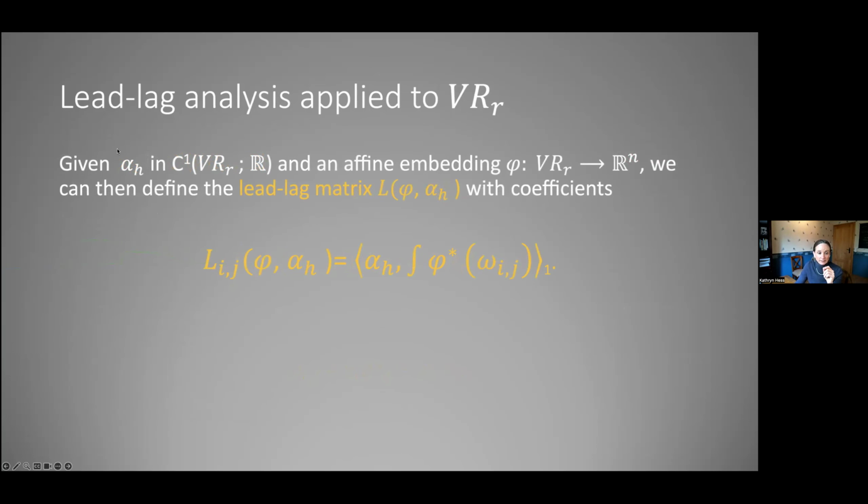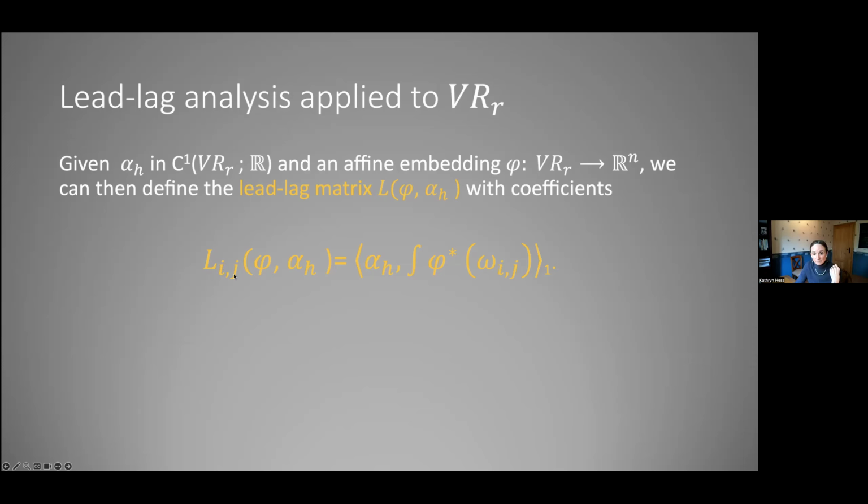All right. So we have our harmonic representative, and we have our affine embedding that we looked at. And now we're going to define a lead lag matrix with respect to this embedding and with respect to this choice of our harmonic representative. It's going to give me an n by n matrix, and its coefficients are defined as follows.